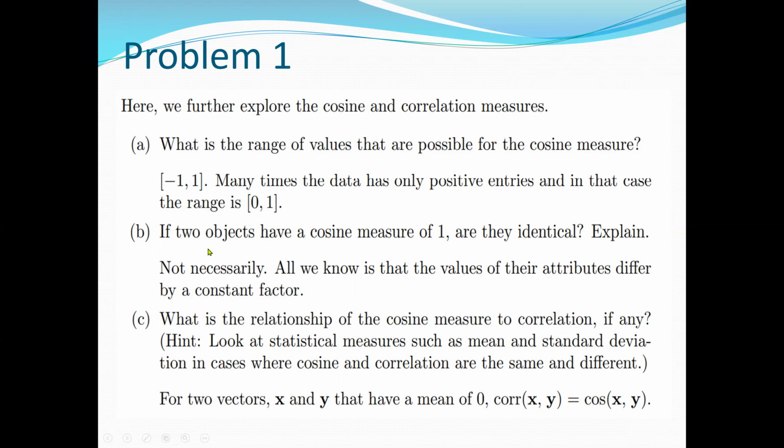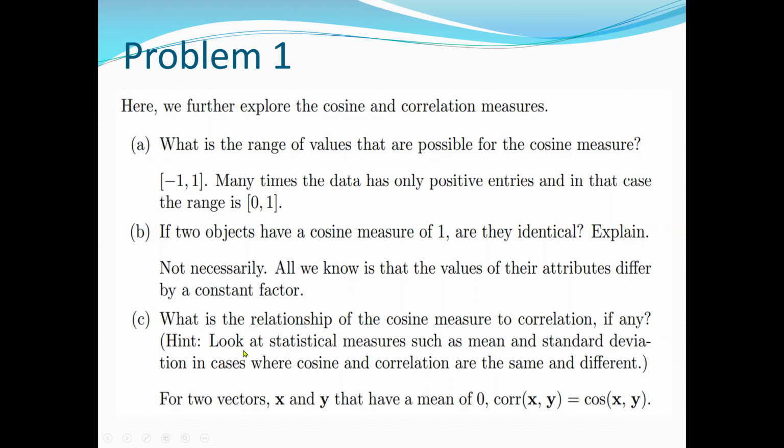Now, if two objects have a cosine measure of 1, are they identical? Not necessarily. It sounds like they are identical, which is possible, but not necessary. All we need to know is that the values of their attributes differ by a constant factor.